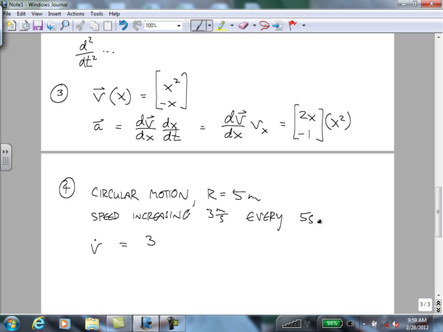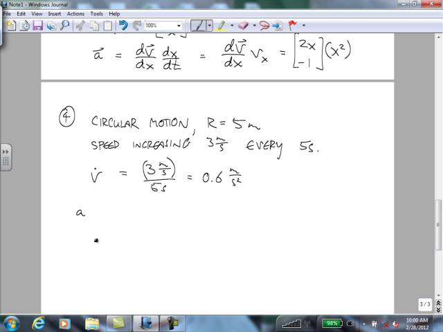If you recognize that this is saying that the time derivative of the speed is 3 meters per second every 5 seconds, so 0.6 meters per second squared, then you can just treat this as the acceleration is 0.6 in the tangential direction plus v squared over rho in the normal direction.